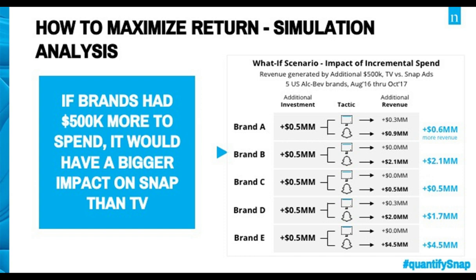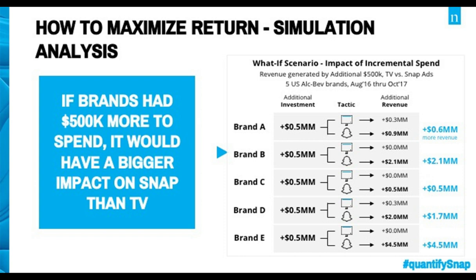Then you have in the gray what happened if you had an extra $500,000 of spend. Using the response curve, the saturation curve, and where you are along the curve, what did that get you in terms of incremental revenue?